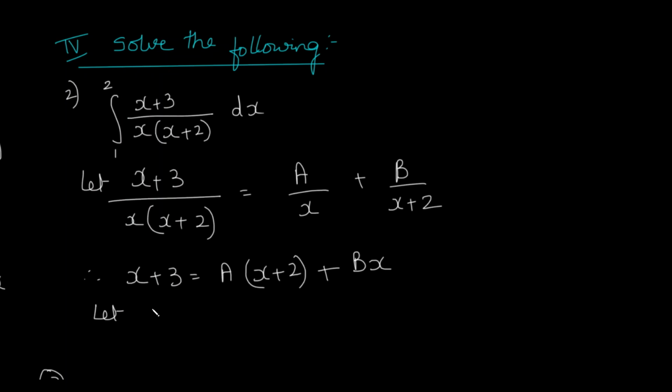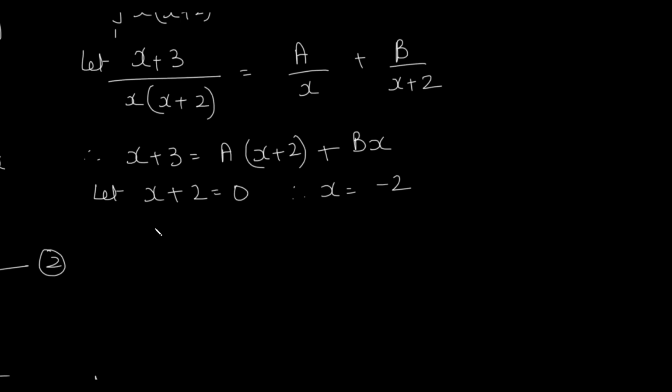Yes, we write let any one term, say x plus 2 is equal to 0, and therefore x becomes minus 2, and that is how we put minus 2 in this particular equation, and so therefore we get minus 2 plus 3 is equal to a into minus 2 plus 2 plus b into minus 2. Minus 2 plus 2 being 0, this term goes away.